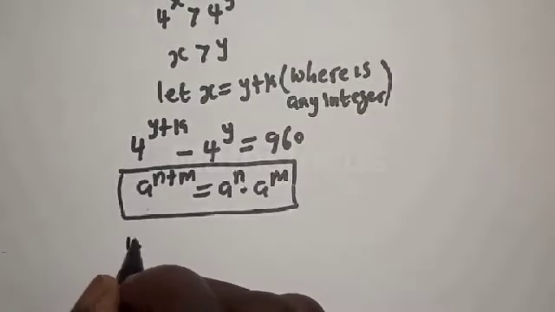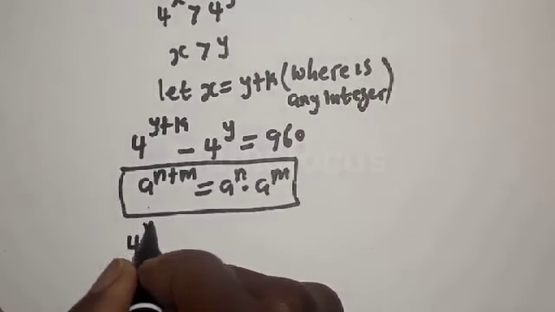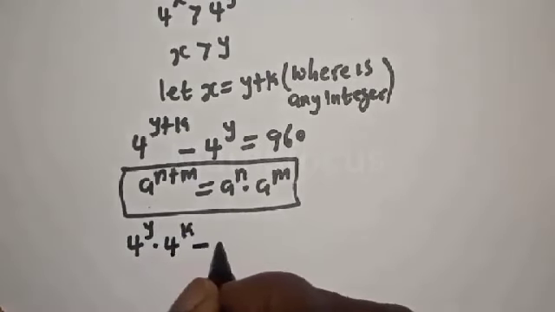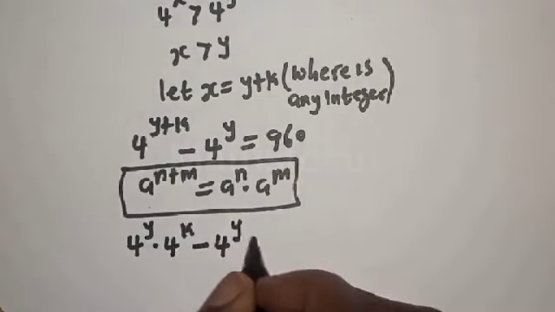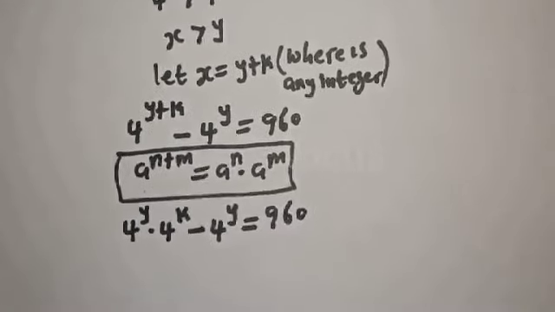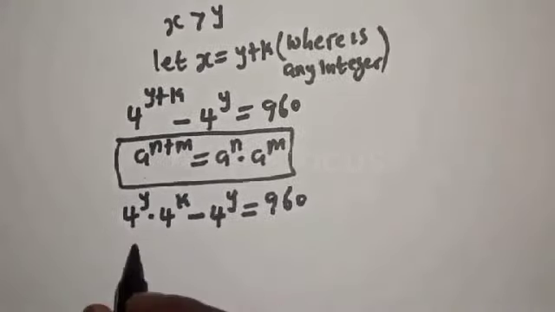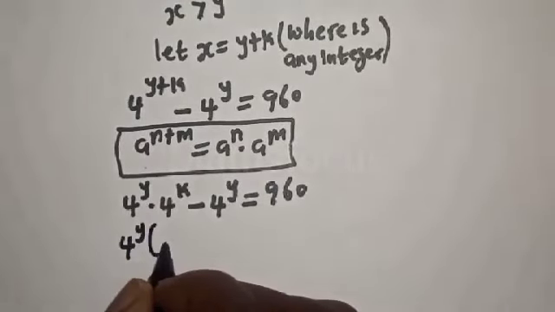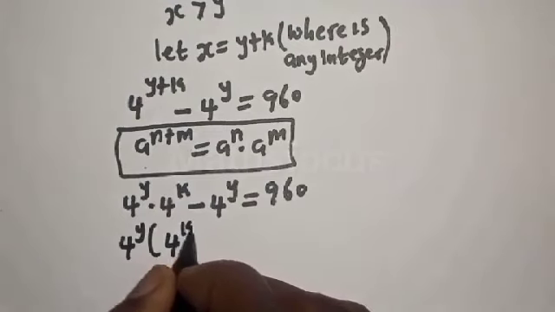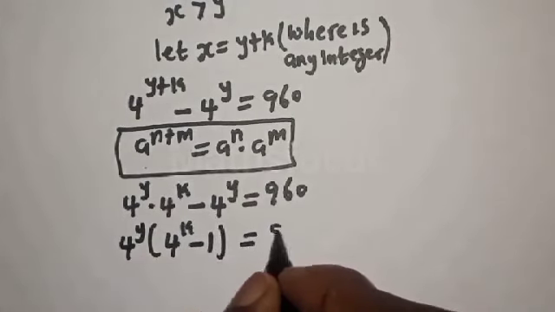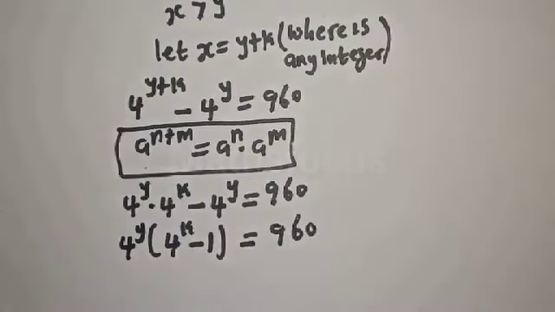We have 4 raised to the power y multiplied by 4 raised to the power k minus 4 raised to the power y is equal to 960. 4 raised to the power y is common here. Let's bring it out. 4 raised to the power y bracket 4 raised to the power k minus 1 is equal to 960.